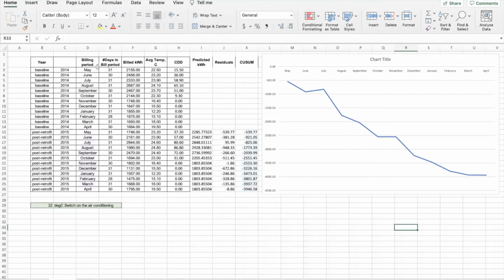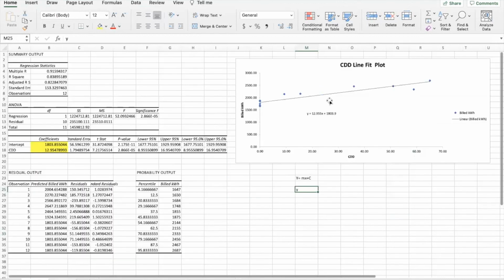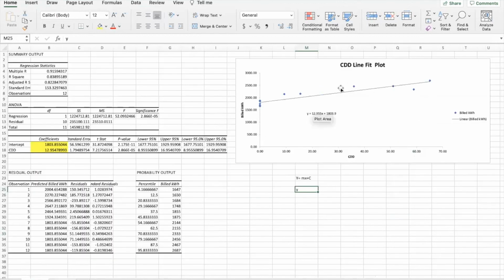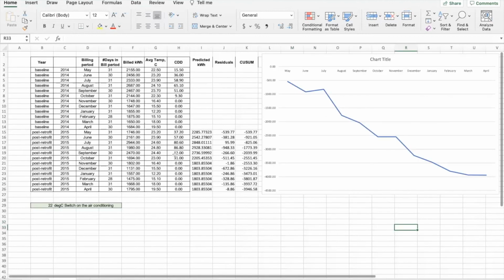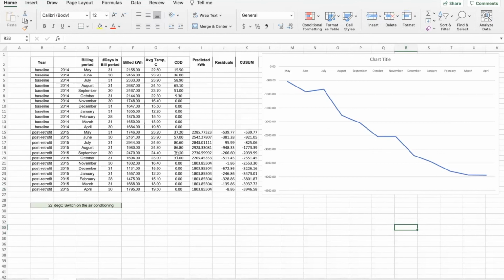Actually, for those data, you need to have it, otherwise you cannot build your linear regression equation. But what you need to know is the skill of how I make use of this set of data to obtain this equation, and make use of this equation and input the value of HDD or CDD.